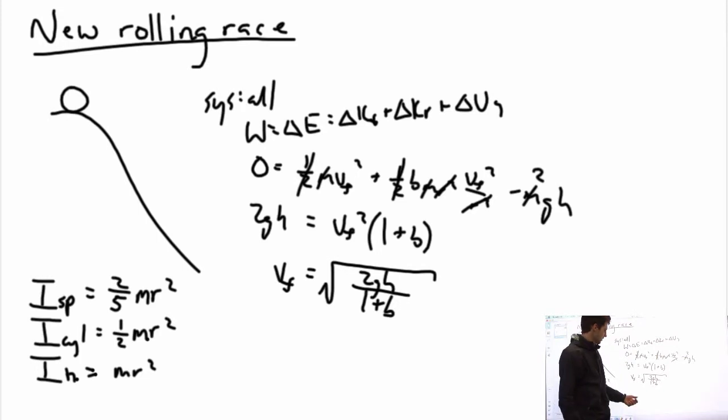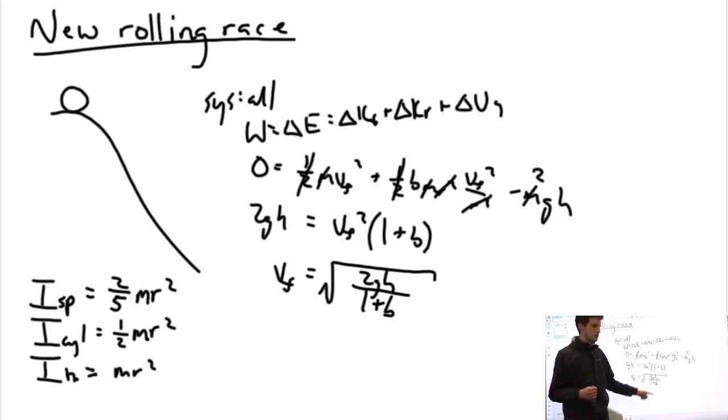And one thing you might notice is this is the V final for some given h. So for any given h, not necessarily the whole height, but halfway down and a quarter of the way down, at every single change in height, this V final is defined. And notice, it's dependent on a bunch of constants, and b only depends on the object.